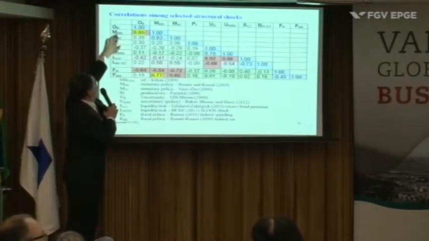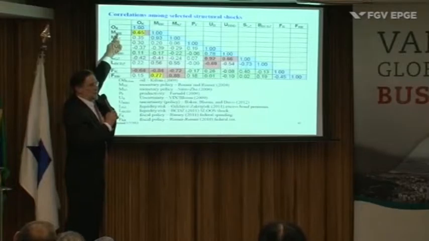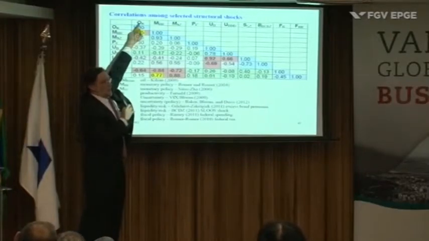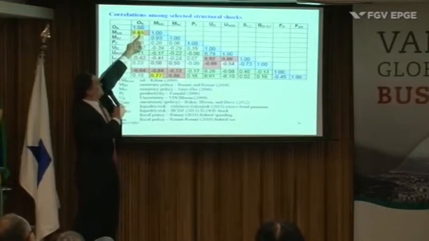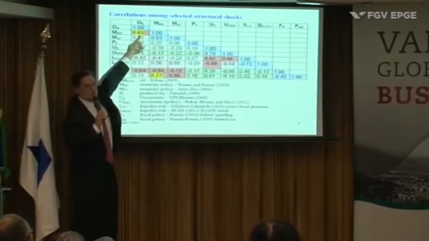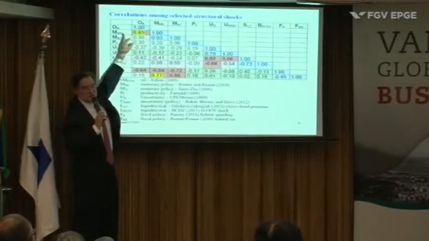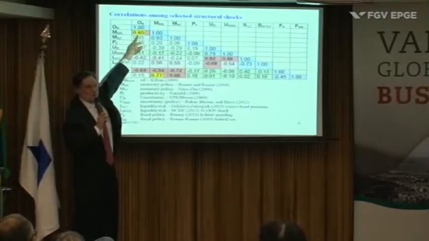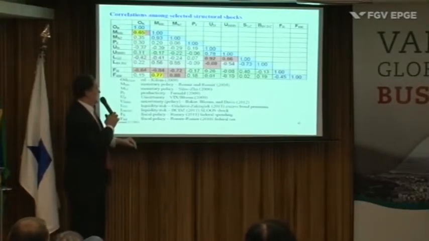Here's the identified monetary policy shock using Romer and Romer instruments. Here is the oil price shock using Kilian's external instrument for oil. Here's the correlation between those two structural shocks, 0.65. So the monetary policy shock and the oil shock are not uncorrelated. They have a correlation of 0.65.